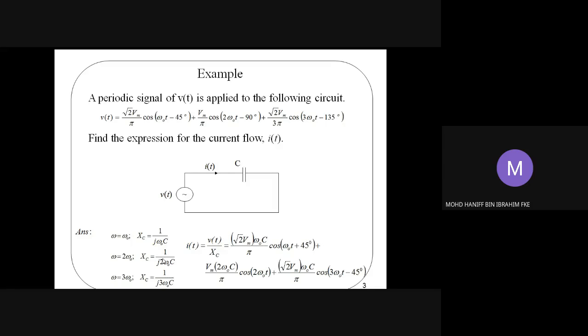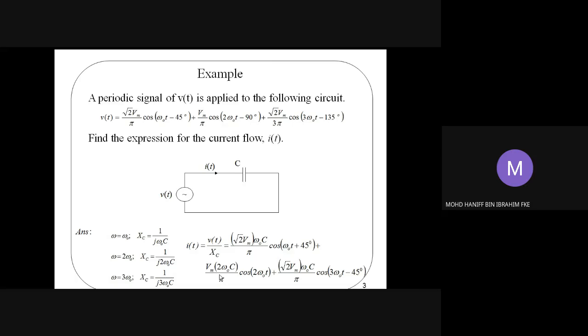The same thing applies for the second frequency component of 2 omega naught. With this reactance value, we divide the respective input. So this is your input, the Vt for 2 omega naught. This value of input at 2 omega naught frequency will then be divided by Xc at this frequency.